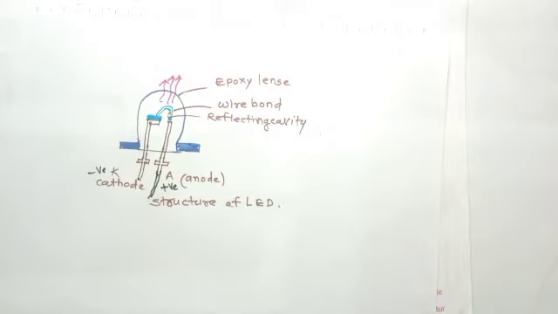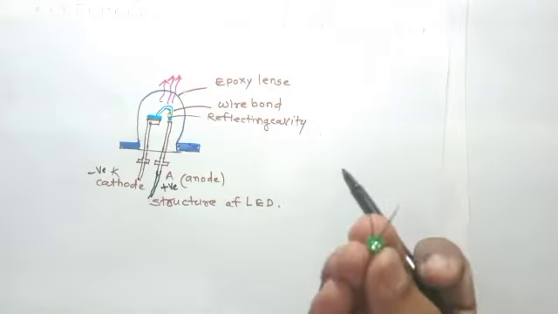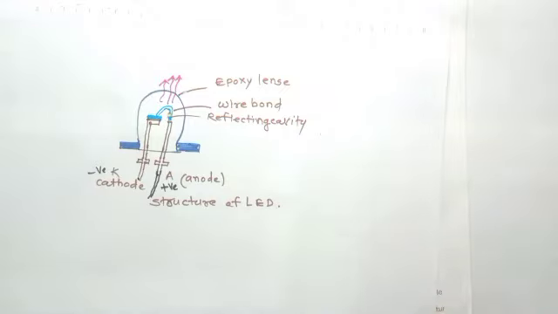LEDs can have more than 2 pins. This LED is a 2 pin LED, but LEDs can have 3 pins, 6 pins, etc. The configuration obtained is multicolor in the form of an LED package.